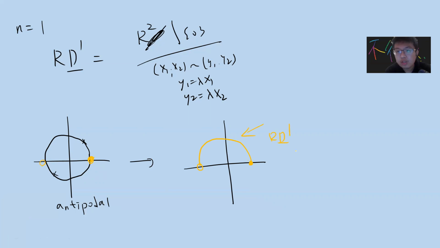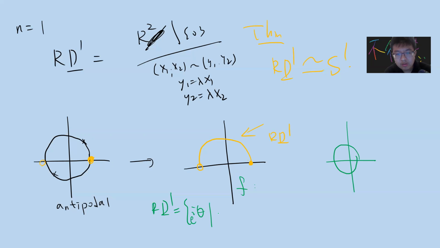The theorem is that RP1 is homeomorphic to S1. The proof is almost trivial, since you have the beautiful geometric picture. Let's construct a homeomorphism f from RP1 to S1. RP1 is parameterized by e^{i theta} for theta between 0 and pi.